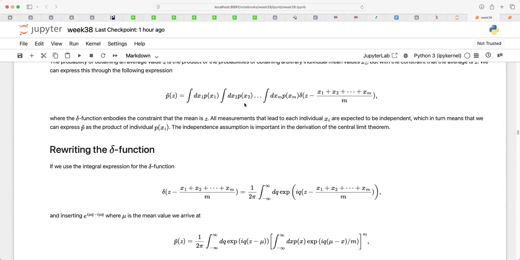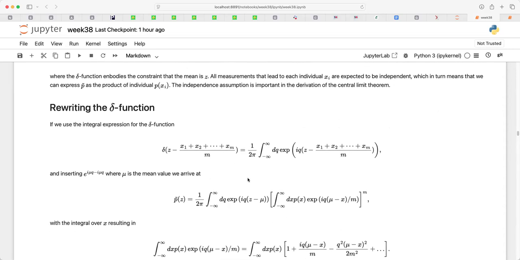It could be a set of Gaussians, but it could also be a set of what we call Poisson distributions. Any distribution which gives us independent and identically distributed variables. When we say identically distributed, it's the same mathematical function. The variables can be different, but the mathematical function is the same.